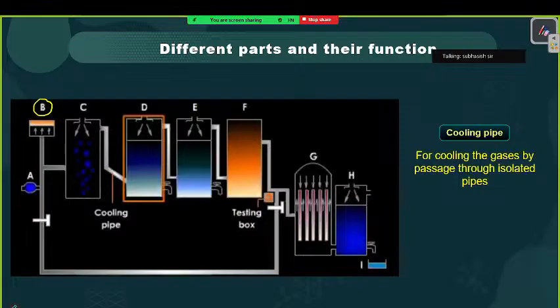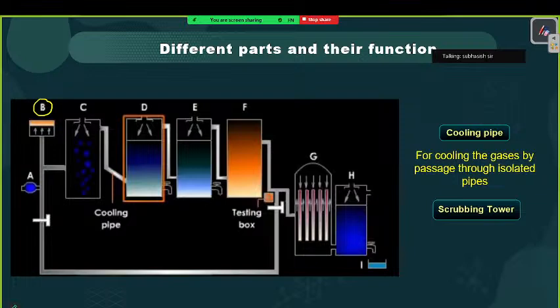Now this gas should be passed through cooling pipe for the cooling of the gas, at a normal temperature, because the further reaction should be done in cold stage, that is the tower D. The tower D is known as scrubbing tower.